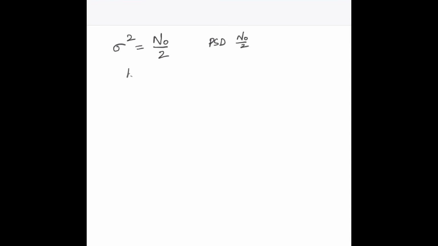Let us consider z equivalent to x by root of N0. Then the probability of error will be equivalent to 1 by root of pi into the integral from root of Eb by 2 N0 to infinity of exponential of minus z square dz.